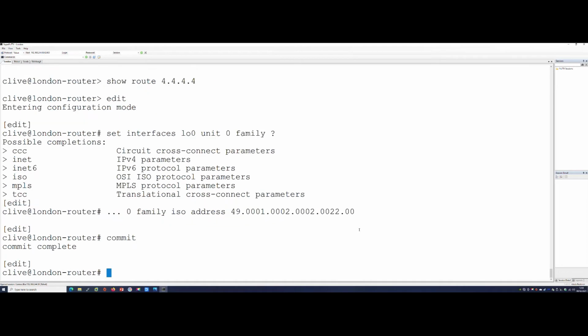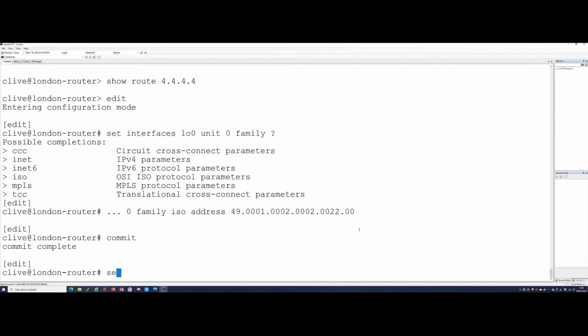So let's commit that. Now, the next thing we have to do is any interfaces that we want to be included in the IS-IS routing tables, we have to apply those into the IS-IS protocol as well as put the ISO on the actual interface itself. Now remember, because we're using aggregated Ethernet grouped interfaces, we have to do this on the AE interface, not the physicals.